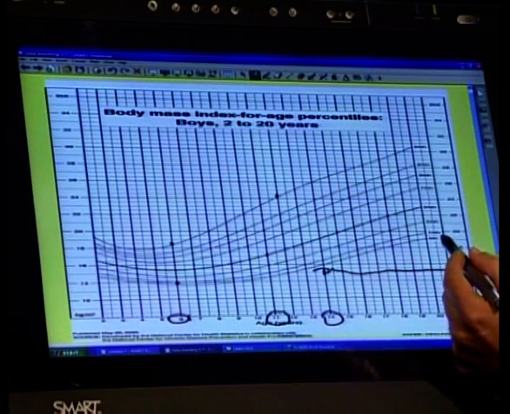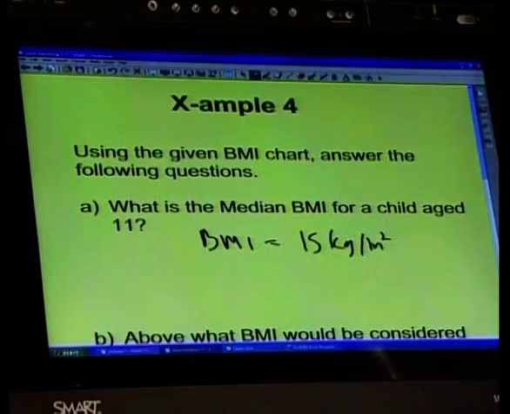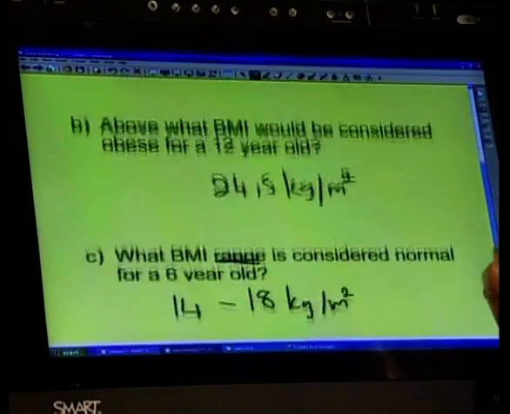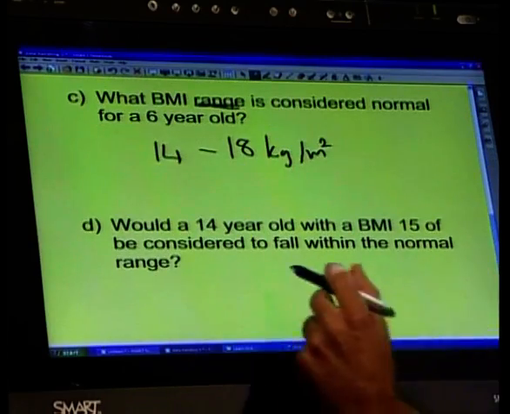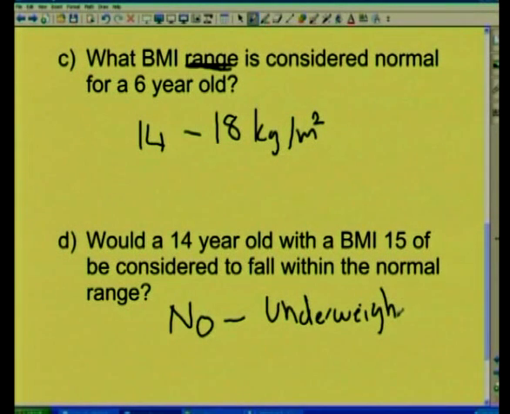Notice that falls below the 5th percentile. That means we can say with certainty that this child would not fall within the normal range. So the answer here would be no. What we could say is that this child is actually underweight for his age, because he is falling below that 5th percentile range.